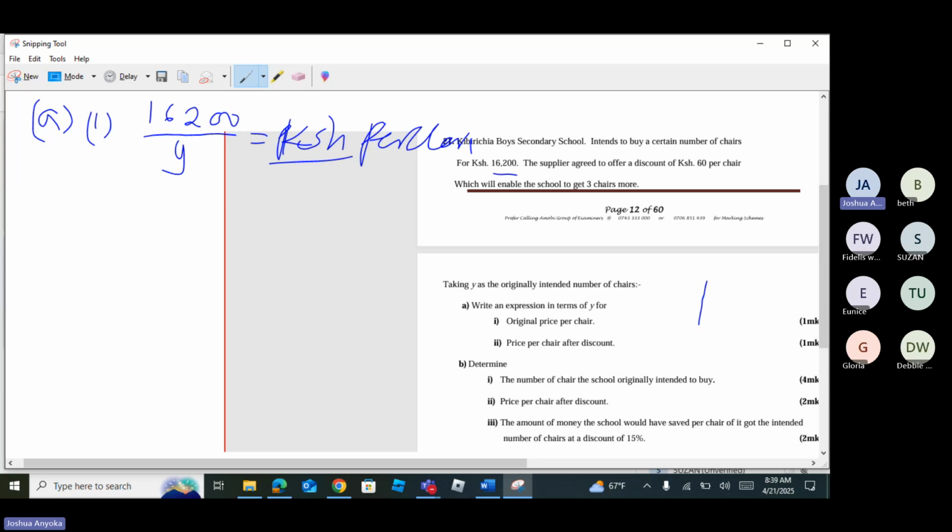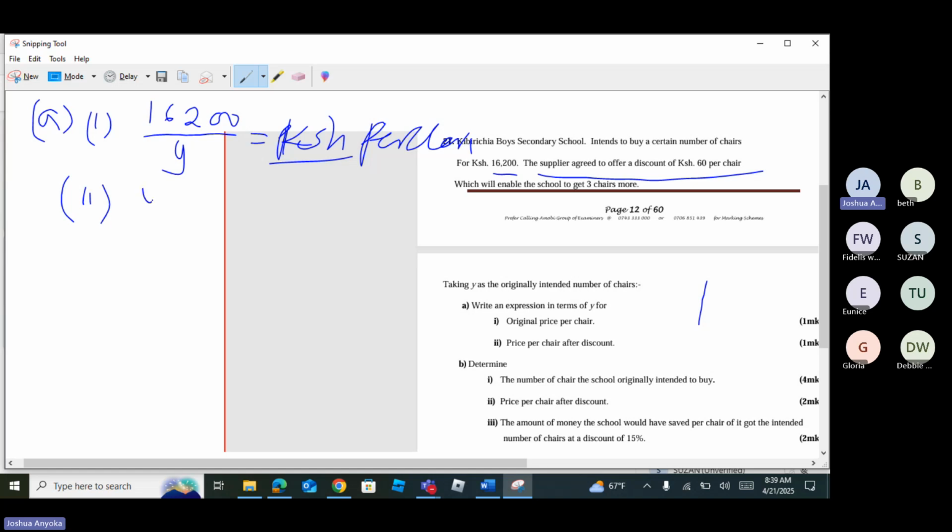Price per chair after discount. There are 2 ways. We get back to the question. The supplier agreed to offer a discount of 60 shillings per chair, which would enable the school to get 3 more chairs. So in the second scenario, what is the total number of chairs?